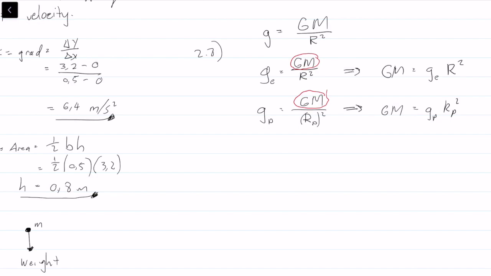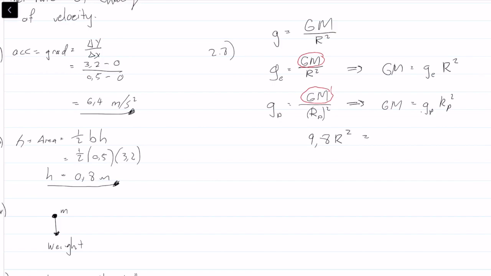We know the gravity of the Earth is 9.8 r squared, and g of the planet is 6.4 times the radius of the planet squared. So now we just divide both sides by 6.4 and then square root both sides. At the end, the radius of the planet is equal to 1.24 times the radius of the Earth.